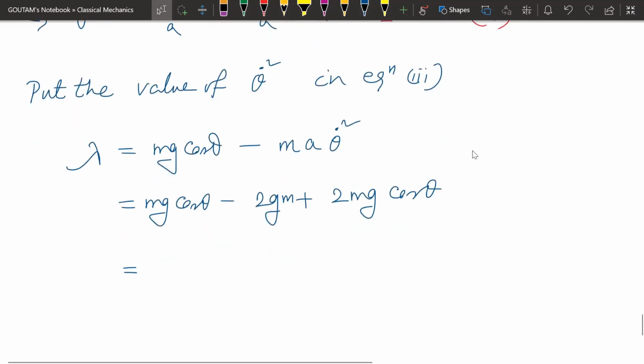Then we have lambda equals, if we take mg common, mg times 3 cos theta minus 2.